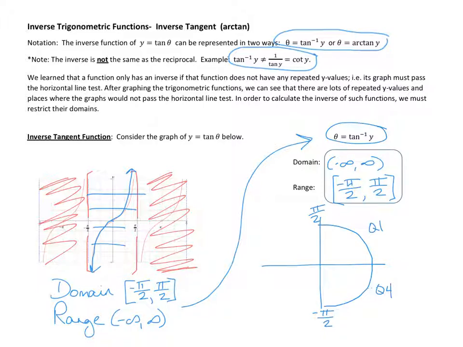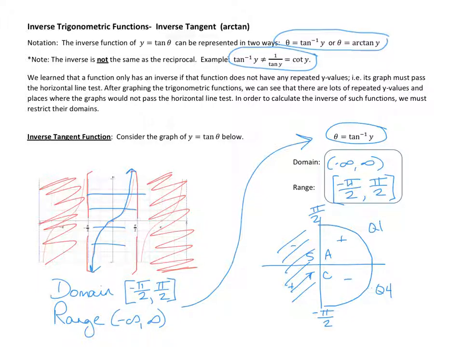If we remember from our All Students Take Calculus chart, tangent is positive in the first and the third, and it's negative in the second and fourth. We're not considering the second and the third, only the first and fourth. So if tangent is positive, that happens in quadrant 1. And if tangent ends up being negative, that's in quadrant 4.